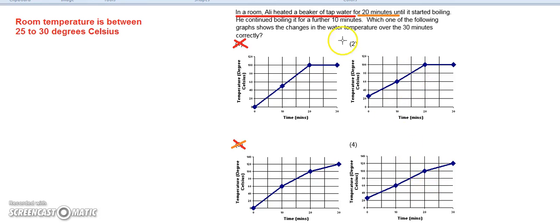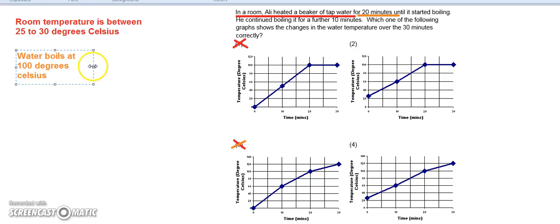So we also know that the boiling point of water is 100 degrees, right? We know that water boils at 100 degrees Celsius.